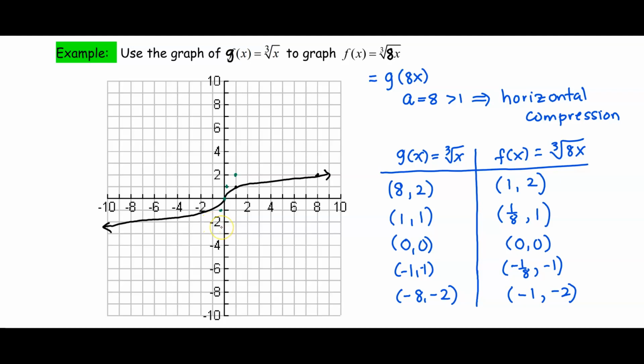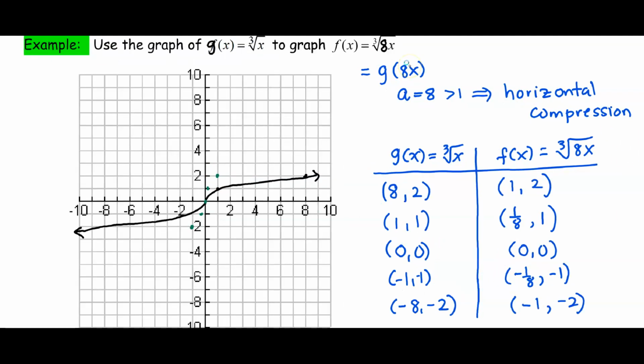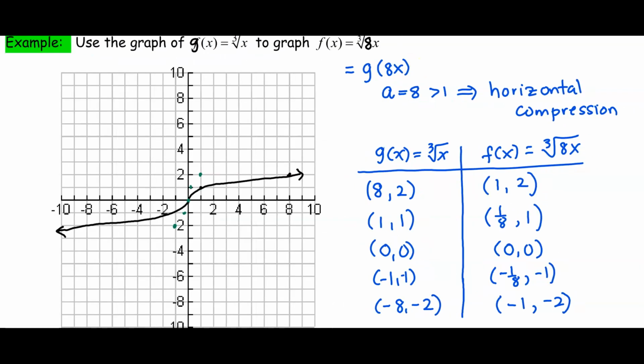So it goes here. So as you see here, this was compressed. Like this point goes here, the point here goes here, this point goes here, and the point here goes here. So the graph of this function, we would have to then just trace.